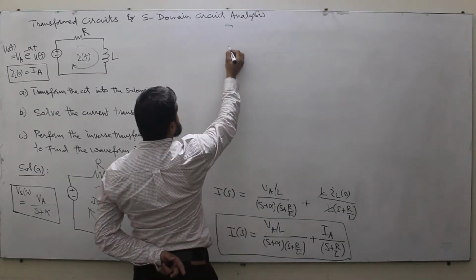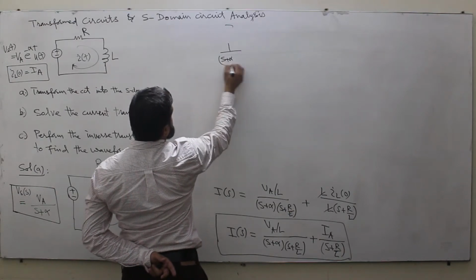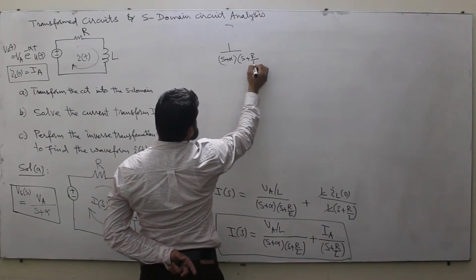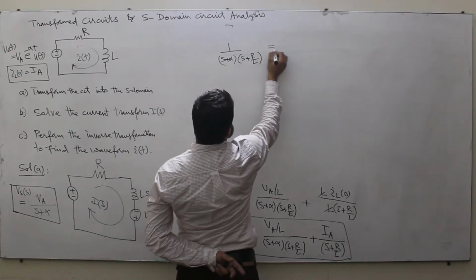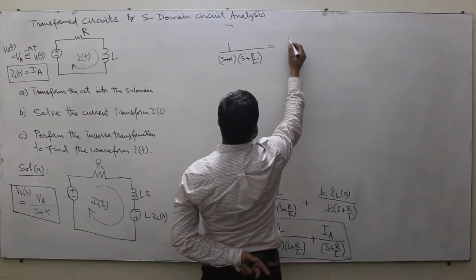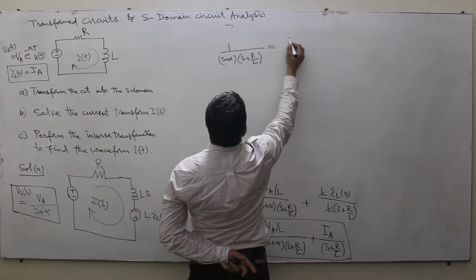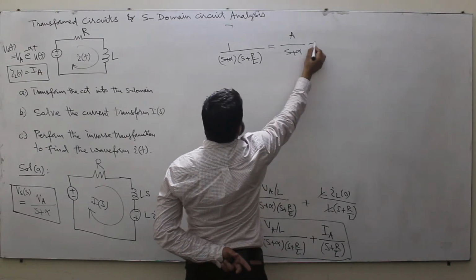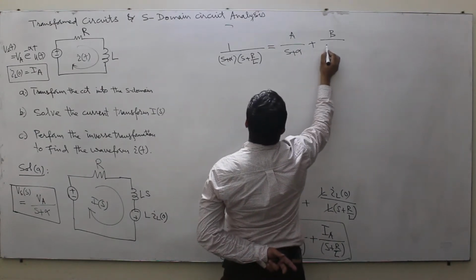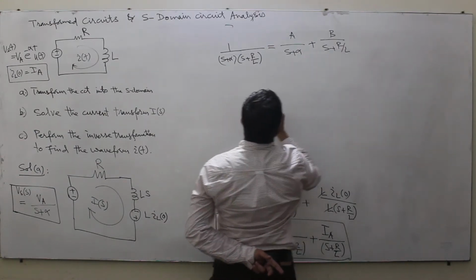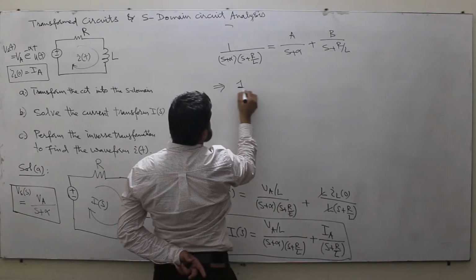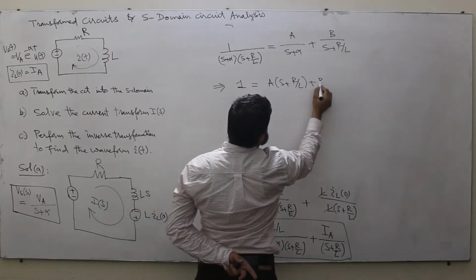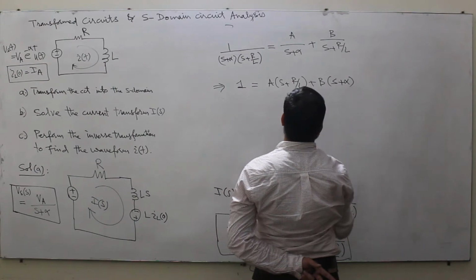fraction: 1 over S plus alpha into S plus R over L is equal to, these are multiple linear functions being multiplied. So A over S plus alpha plus B over S plus R over L, which 1 is equal to A into S plus R over L plus B into S plus alpha.